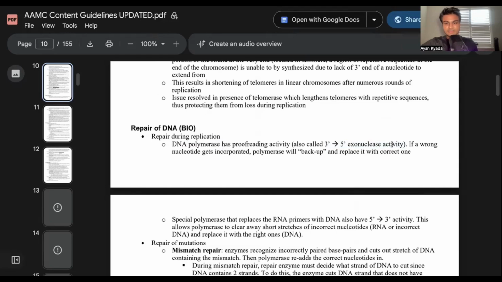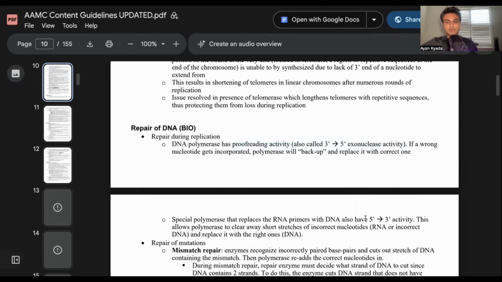So if we're moving in the reverse direction, from 3' to 5', this is known as exonuclease activity. Essentially, it scans for an incorrect nucleotide, and if it finds one, polymerase is going to back up and replace it with the correct one. So proofreading is called 3' to 5' exonuclease activity.